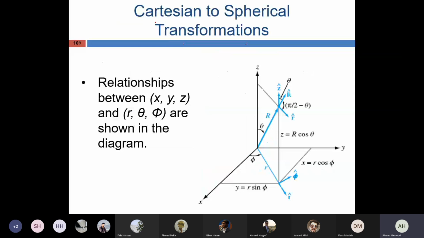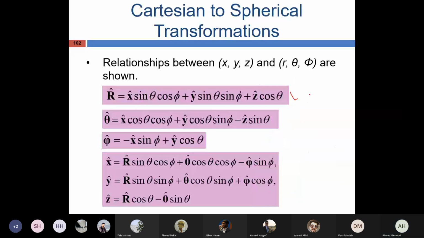Then we have the Cartesian to spherical transfer, where we can see x, y, z, and spherical, where we have r, theta, and phi, as shown in this figure. So we have to use about 6 to 7 equations, right? Why do we need this?